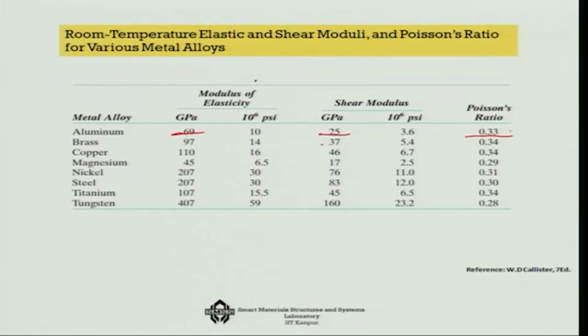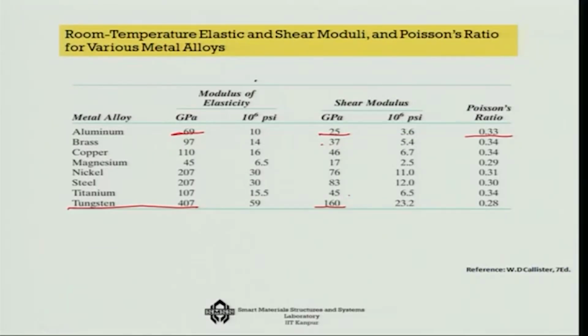Again in this list you would see a high modulus of elasticity in something like tungsten, and the shear modulus is also high in that same range, but shear modulus is always lower in comparison to the Young's modulus of the system.